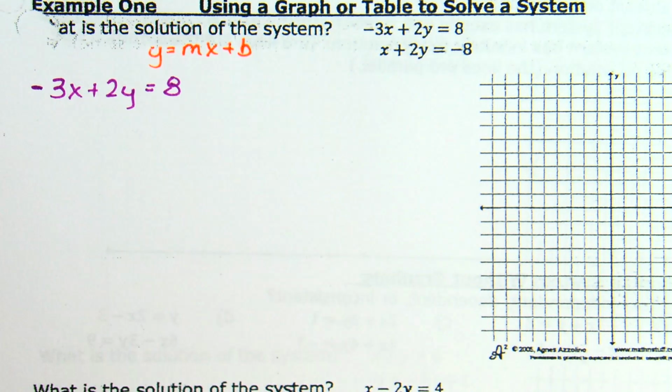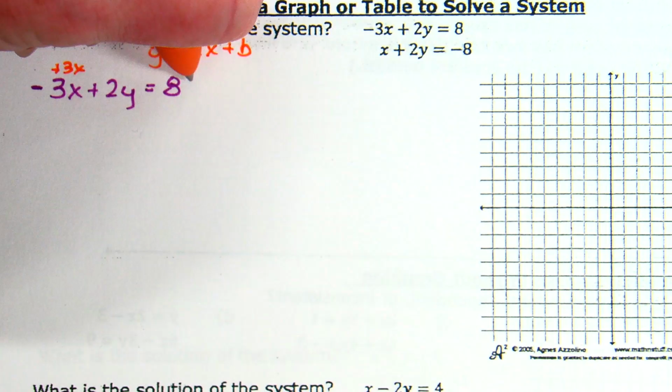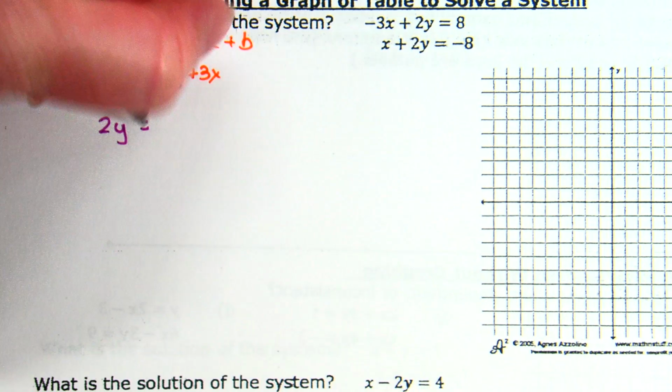So since it's a negative 3x, we're going to add 3x. If I add 3x to one side, add 3x to the other side, right? Because what I do on one side, I'm doing on the other side. Negative 3x plus 3x, the whole point is they cancel out. 2y equals, what is 8 plus 3x?